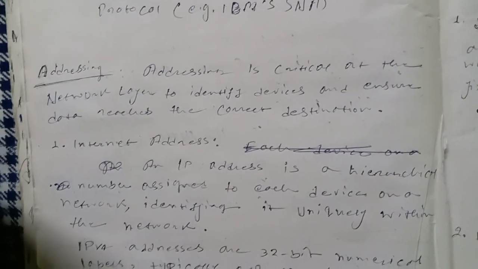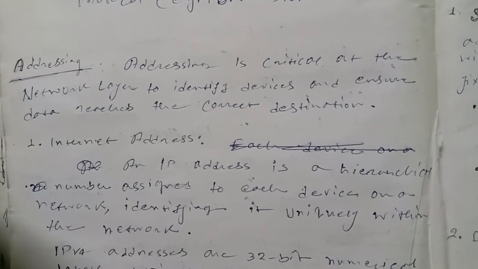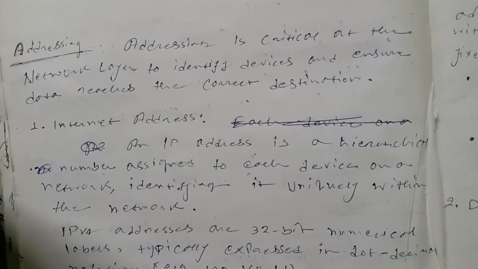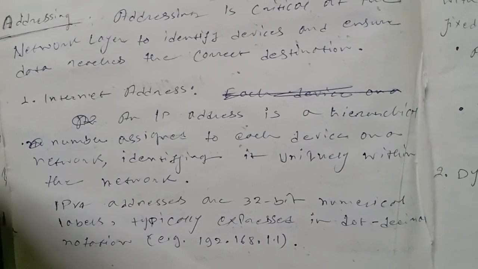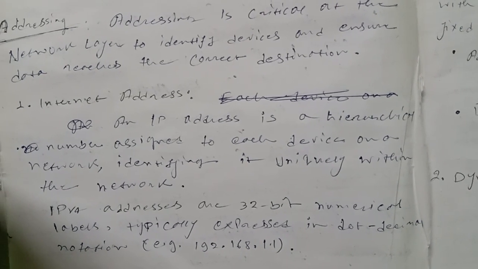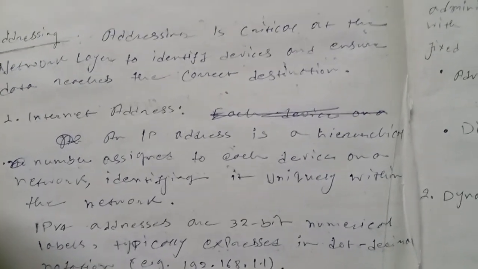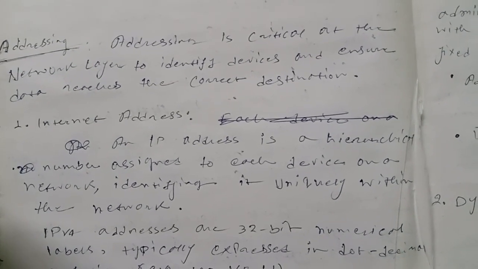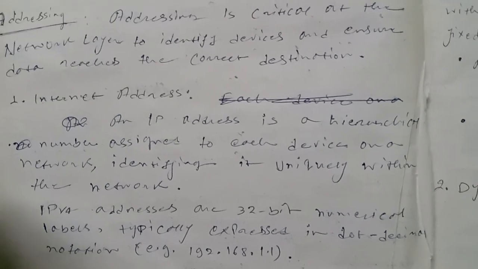Addressing is critical at the network layer to identify devices and ensure data reaches the correct destination. Internet addressing: an IP address is a hierarchical number assigned to each device on a network, identified uniquely within the network.